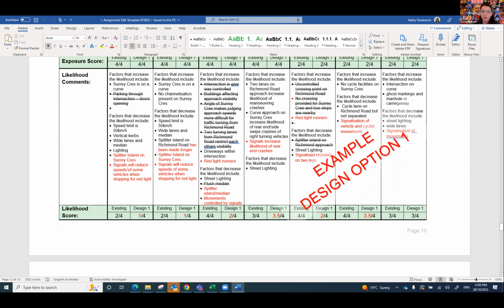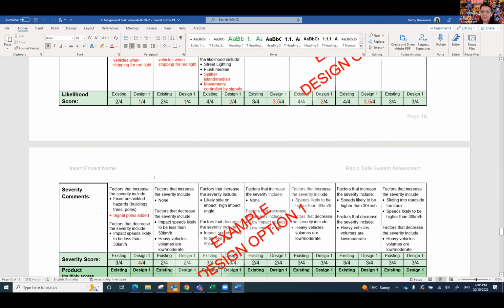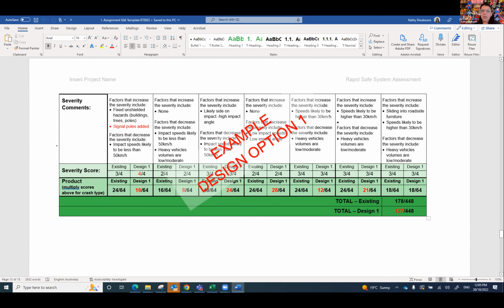So you add your new comments in red. And if your score has changed, you put your design score in there and you put it in red as well. If it hasn't changed, you just leave it the same. You multiply down, add across, and then you pop in your design score.